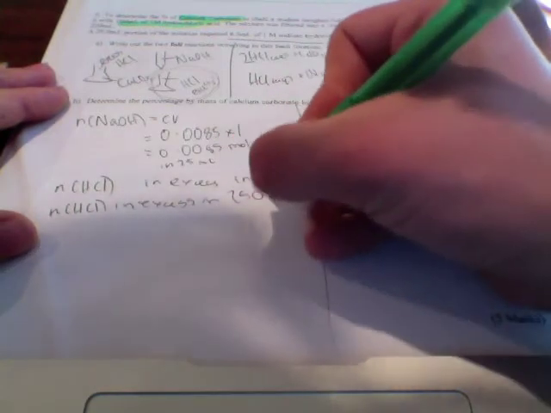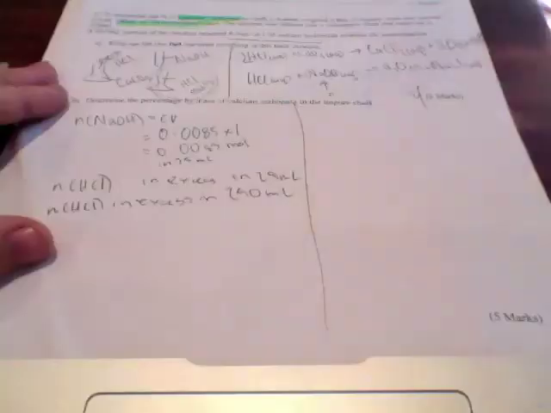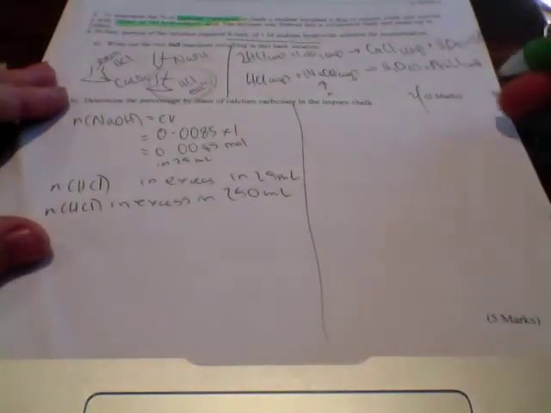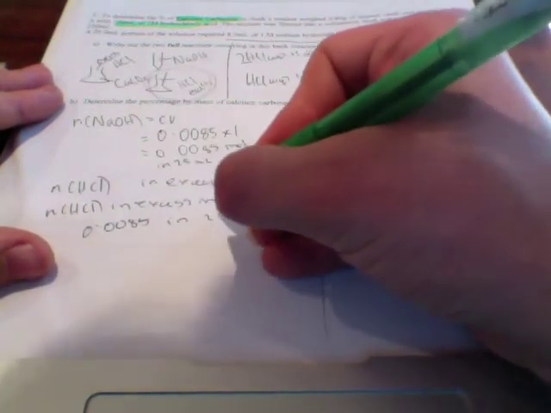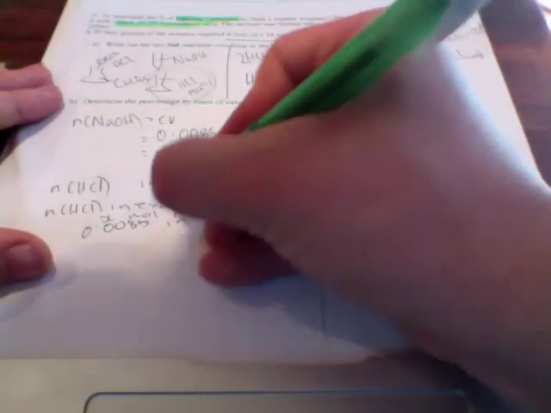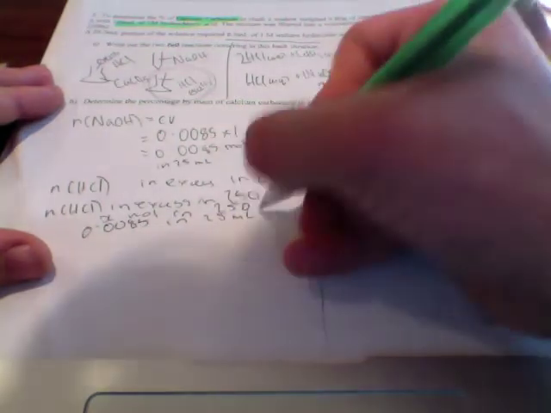So in excess, in the 25 ml, but I actually took it from the 250 ml, so the mole of HCl in excess in the 250 ml, how can we work it out? Well, we can write a little equation, which is what I've been showing some of you. So we can go 0.0085 in 25 mls, there will be X mole in 250 ml.